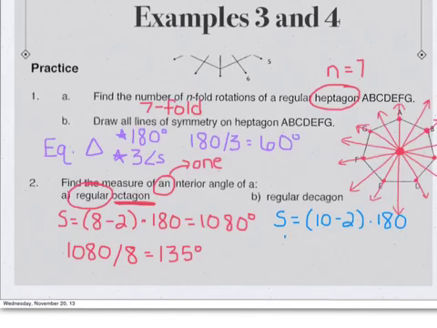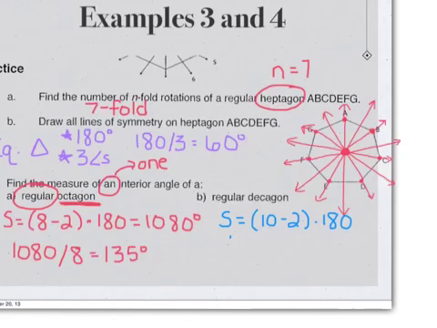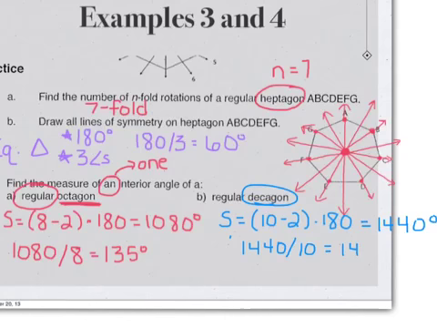Here's where I came up with the 144. Okay, and then a decagon is going to have 10 angles, so I would take that 1440 and divide it by 10 to split up those degrees among all 10 angles, and I would find that every angle in a regular decagon is going to be 144 degrees.